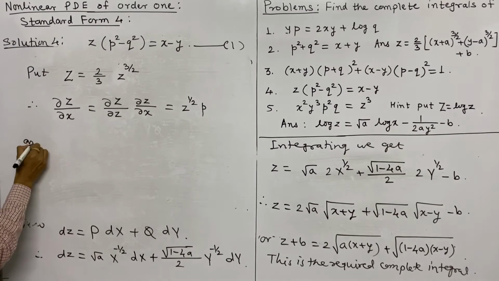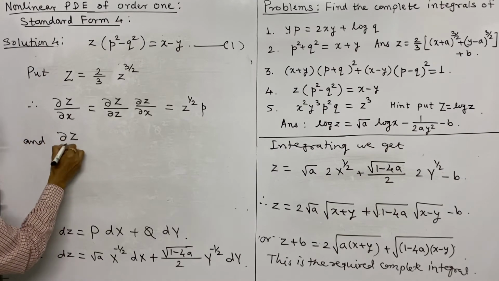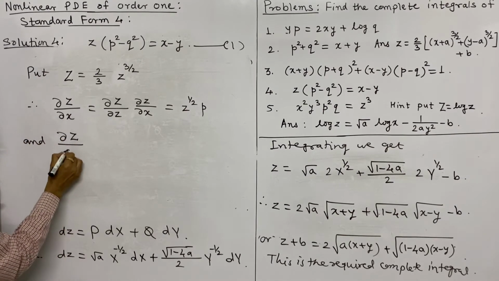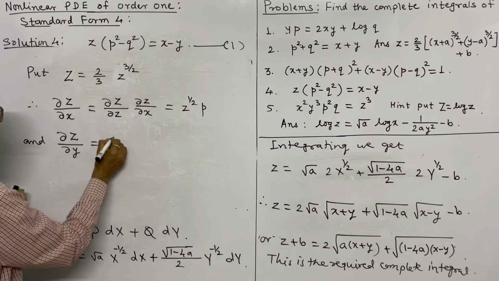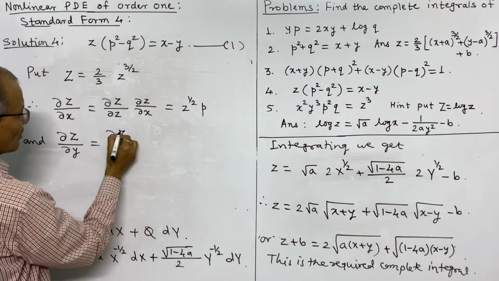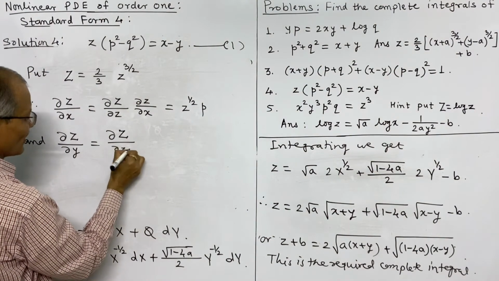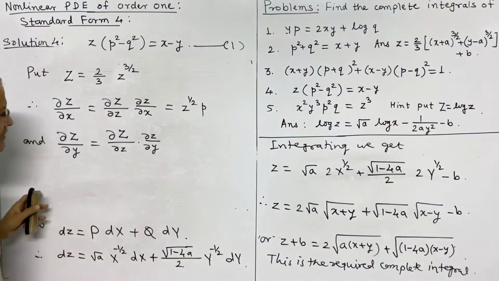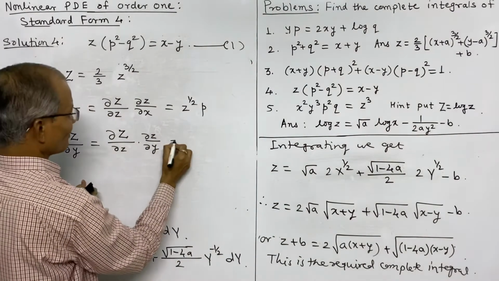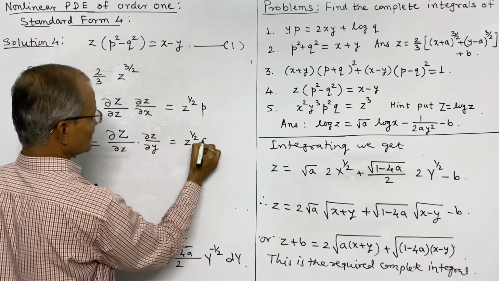And what is the partial derivative of capital Z with respect to y? It is again in the same way, dou capital Z by dou z into dou z by dou y, and this is the same, z to the power half, and this is q.